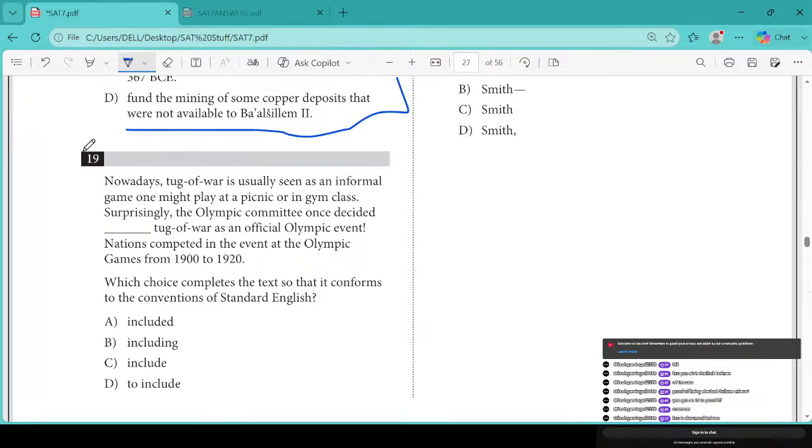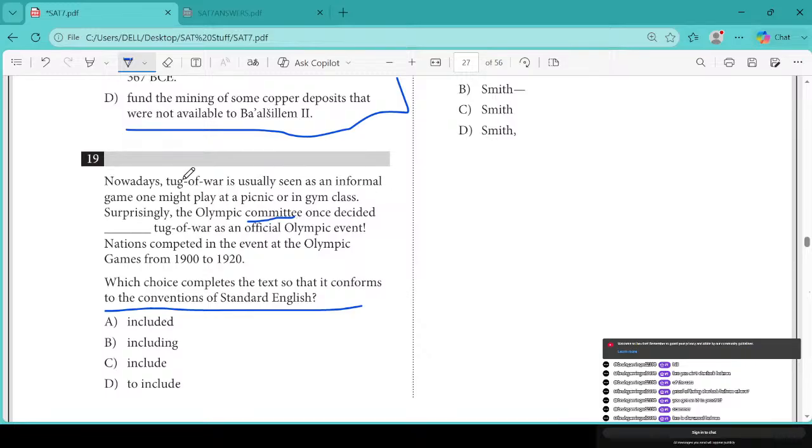So let's move on to question 19. So this is a grammar question. Okay, so one rule of grammar is subject-verb agreement, right? However, the subject here is committee. And committee can either be singular or plural, which kind of sucks.